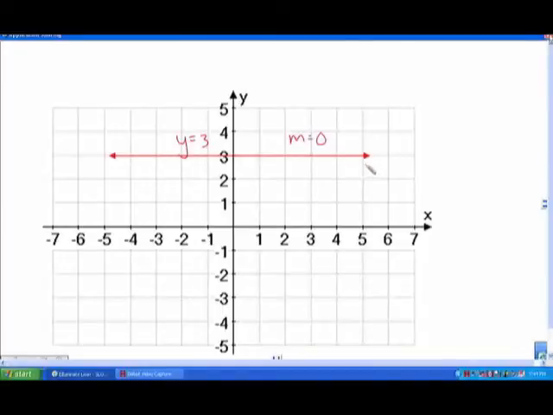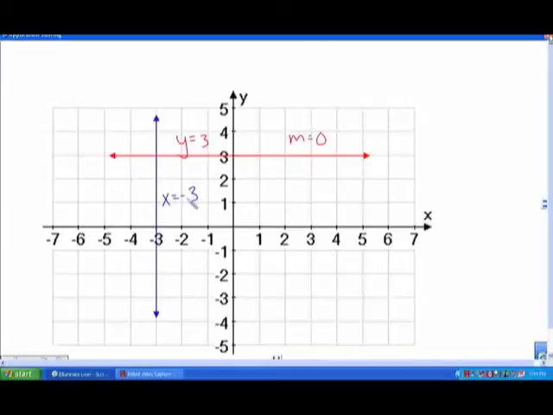That's somewhat counterintuitive, to say y is 3 for a horizontal line, so you really want to pay attention to that. In the second case, we're going to put a perfectly vertical line through x is negative 3. And that's how we name this line as well. All the values of x are negative 3, and we name the line x is negative 3.